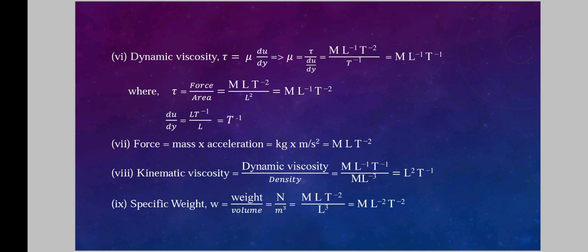And kinematic viscosity, the formula is dynamic viscosity by density, which is M L power minus 1 T power minus 1 by M L power minus 3, that is L squared T power minus 1.